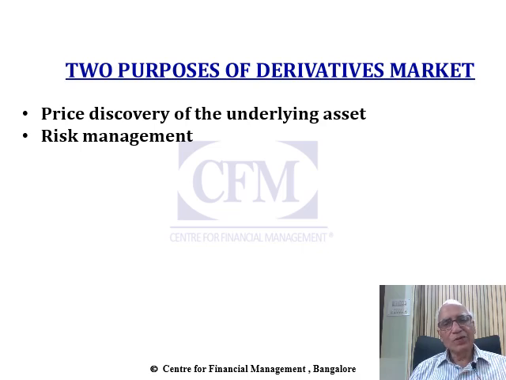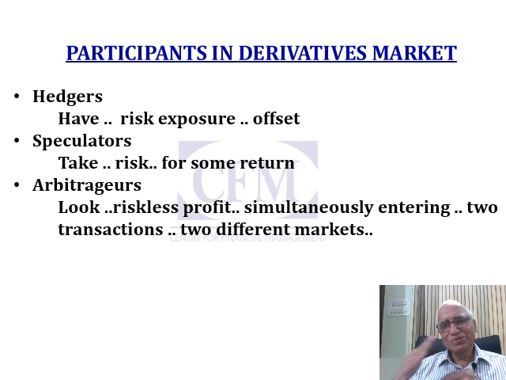Derivatives serve two purposes. One, derivatives improve price discovery of the underlying asset. Two, derivatives facilitate risk management. The participants in the derivatives market may be classified into three types: hedgers, speculators and arbitrageurs.